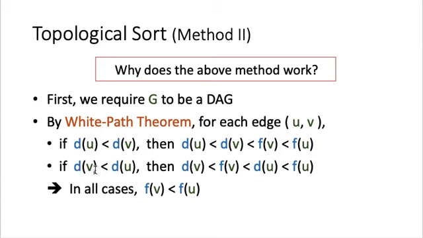The parenthesis theorem tells us that it is v v u u, and in that case, again, f of v will be smaller than f of u. This shows us that by running DFS, the finishing time will automatically give us the correct topological sort order.